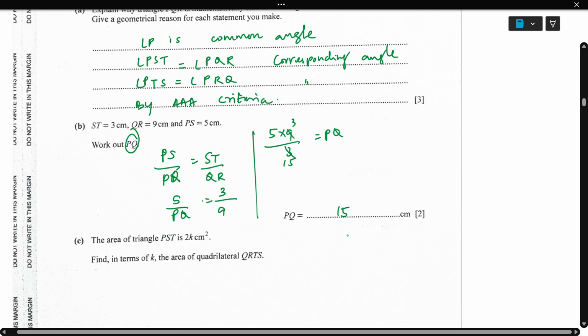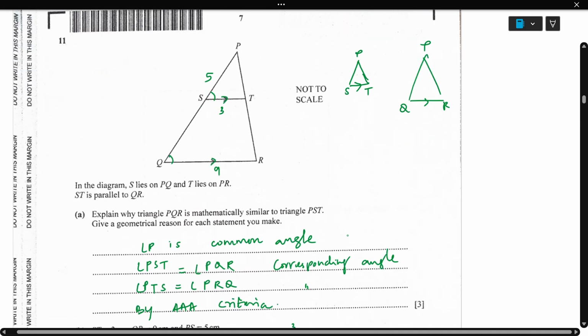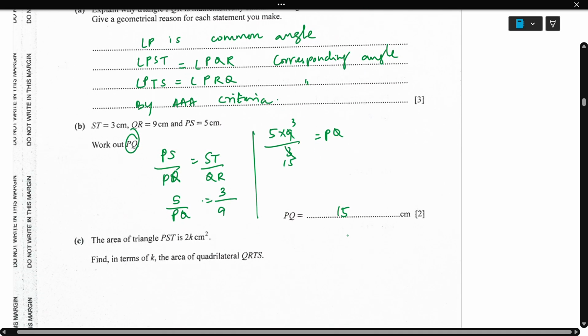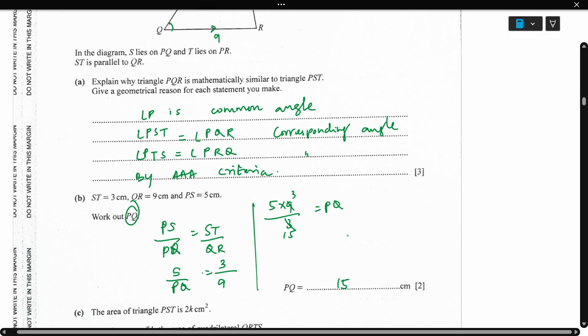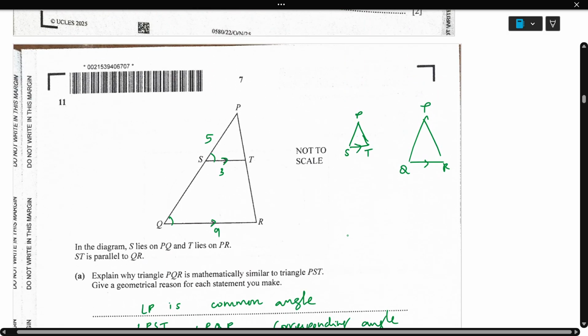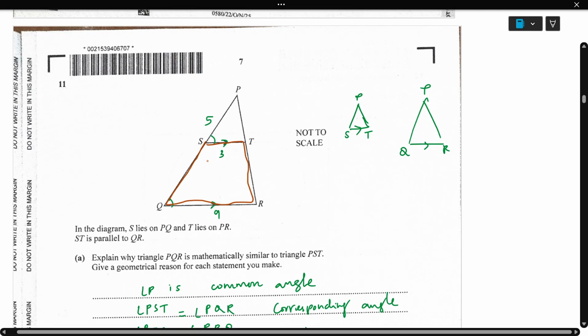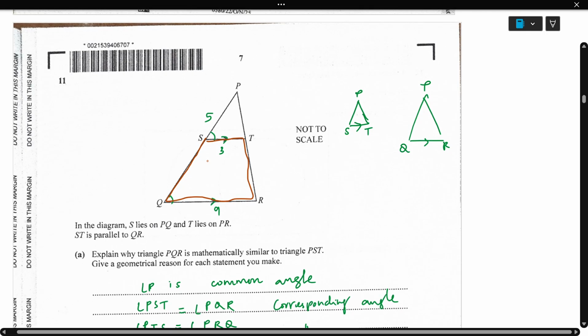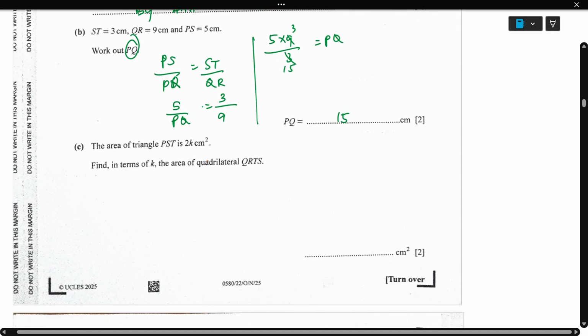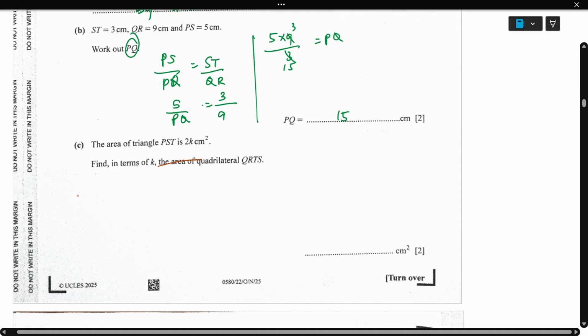Next, the area of triangle PST is 2k centimeters squared. Find, in terms of k, the area of the quadrilateral QRTS. So we need to find only this area in terms of k. PST's area is already given as 2k, so we know the area factor.